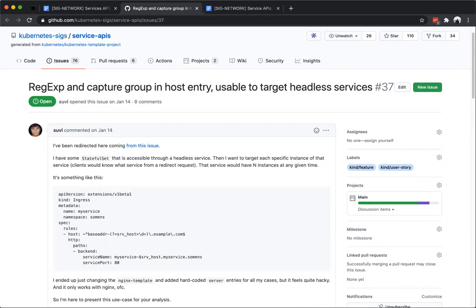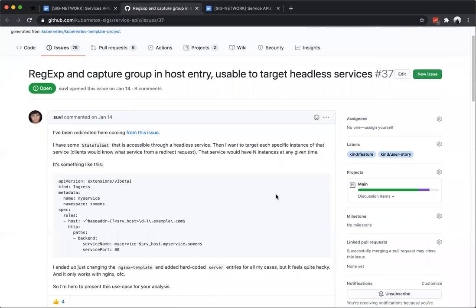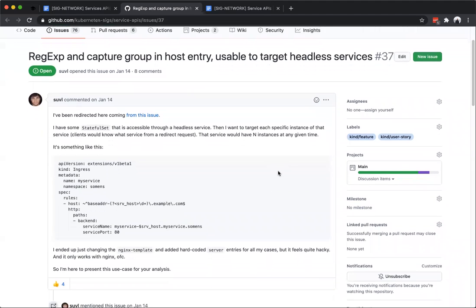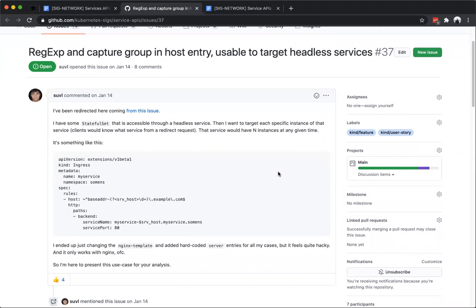I think this was more about users asking for some features that I don't think we are adding in yet. This one was about allowing regexes inside the host name field. I think that's what users are trying to do, and we do not document anything like that here.